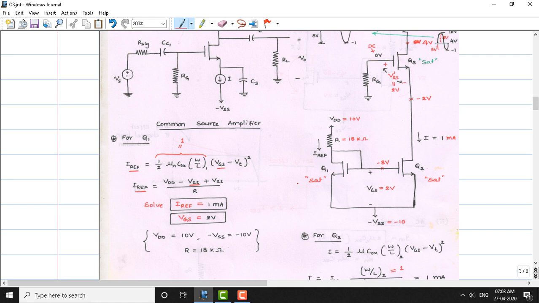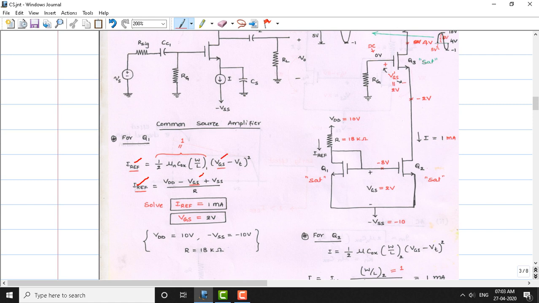For the other equation, if you apply KVL here, I reference is equal to VDD minus VGS plus VSS. Solving for I reference gives me 1 milliampere, and we can also solve for VGS, since there are two equations and two variables. One variable is I reference, another variable is the VGS.